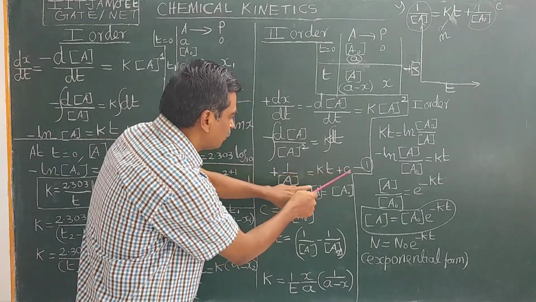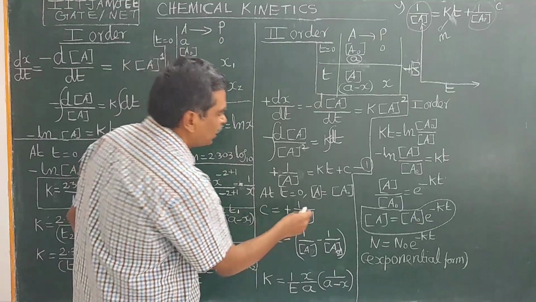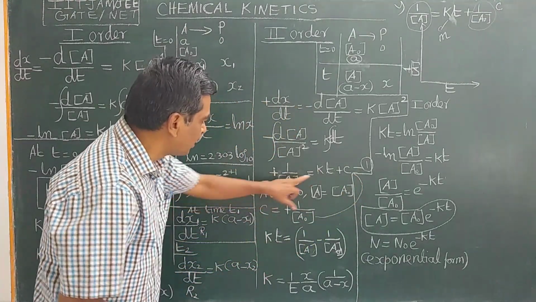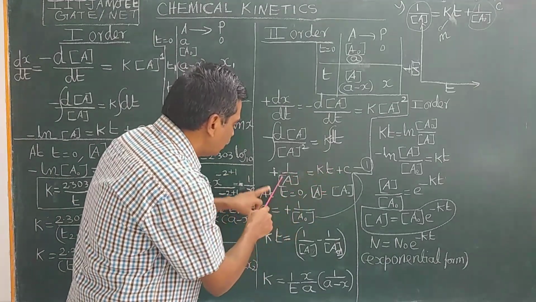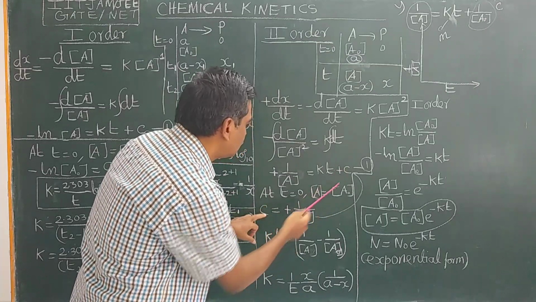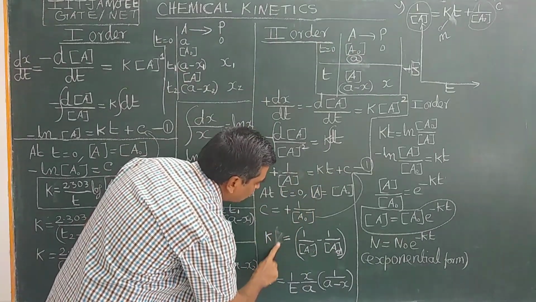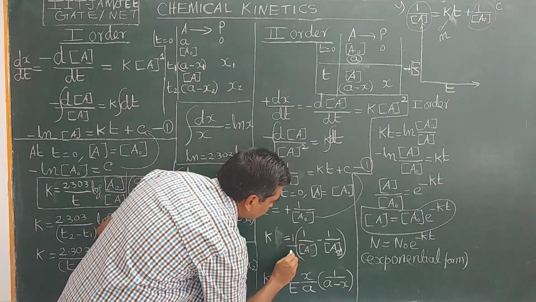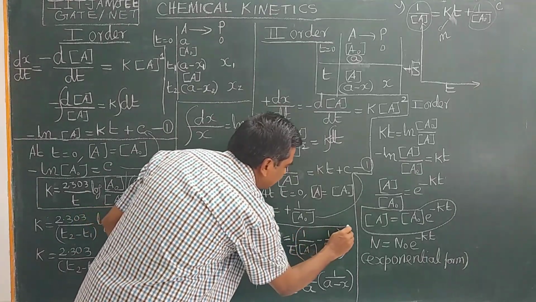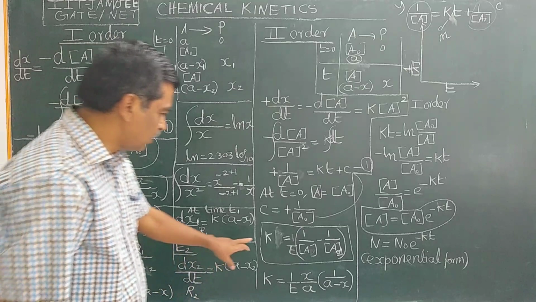Substituting here, Kt equals 1 by A minus 1 by A naught. Therefore, K equals this, which is the integrated rate expression, the integrated rate constant.